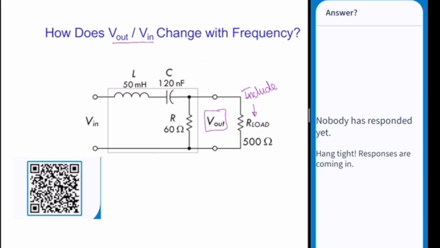So find an equation for V out, and then divide by your V in. Consider the output the same as across the resistors, which is in parallel.